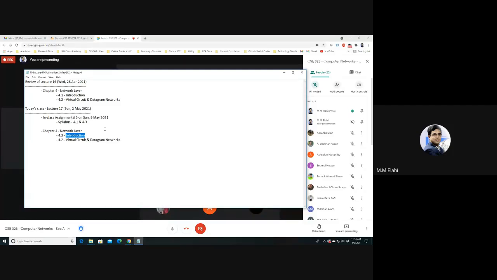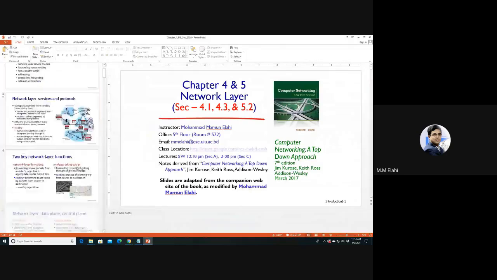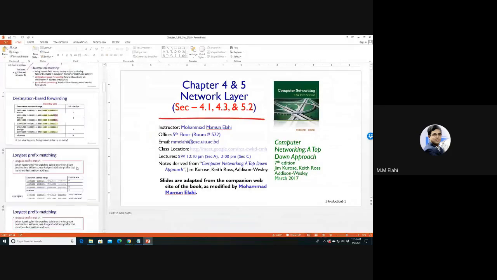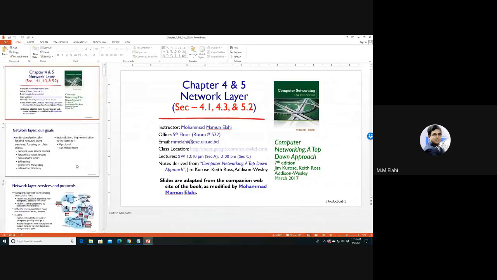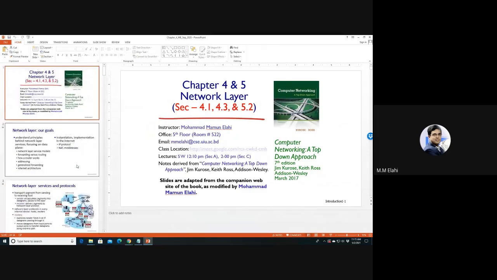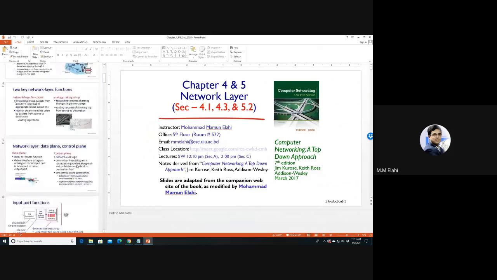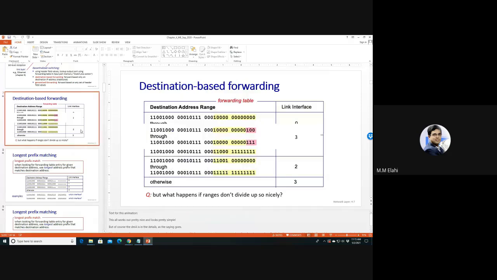So we will cover today 4.3. That is 4.3 is basically some services of network layer. So we have started with forwarding table, routing table. Yesterday we will continue from here.